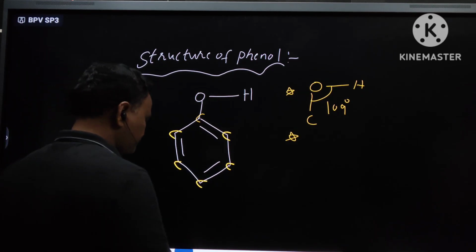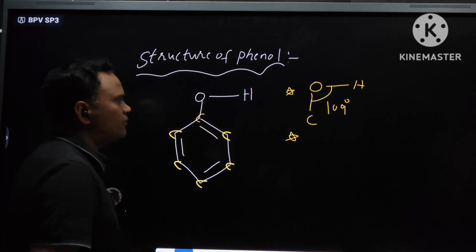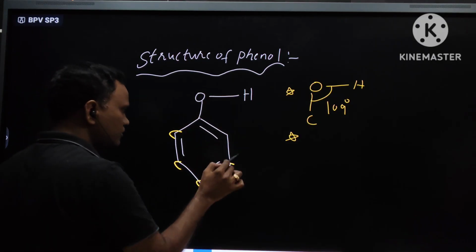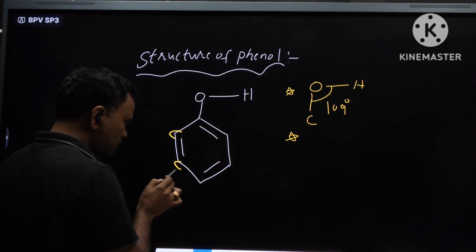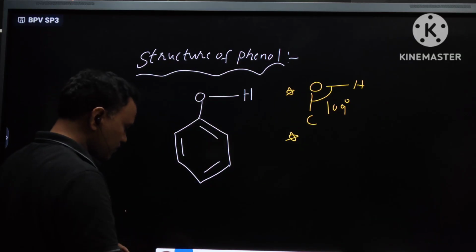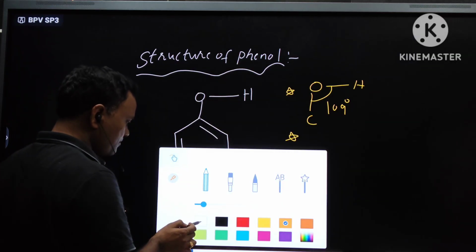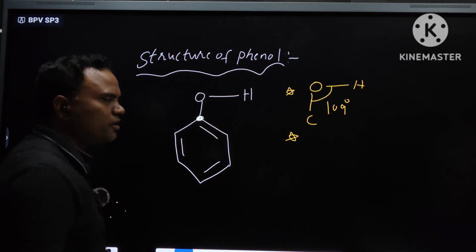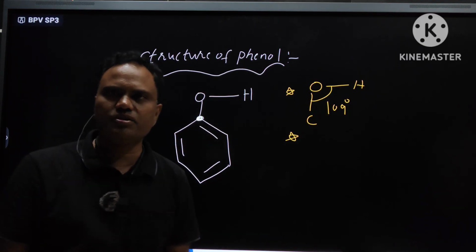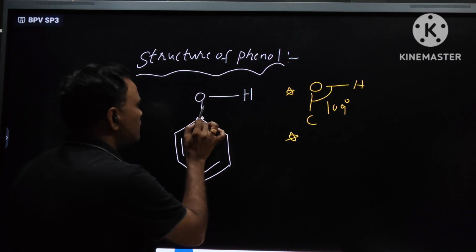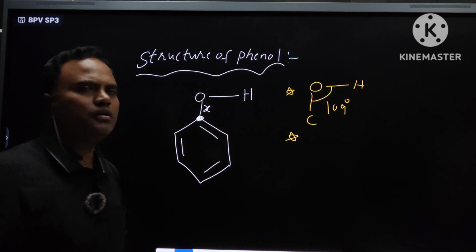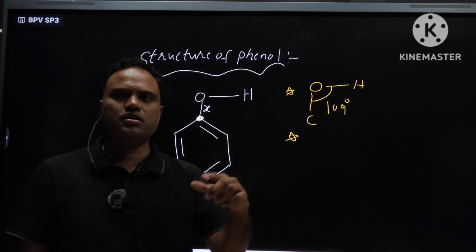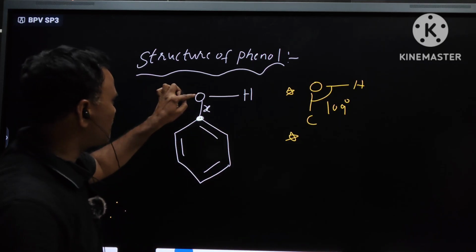Next, a very important point. You have to imagine carbons, but I am removing them here. This white dot represents carbon. Let us consider X is the bond length, or distance, between this carbon and oxygen.